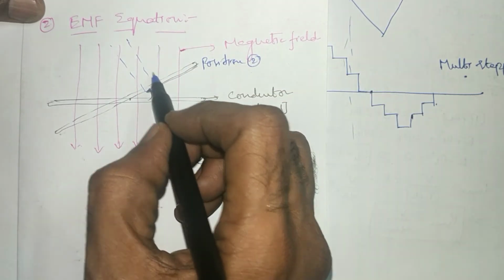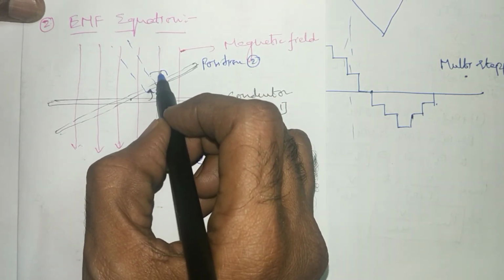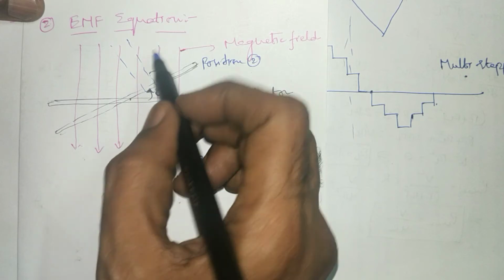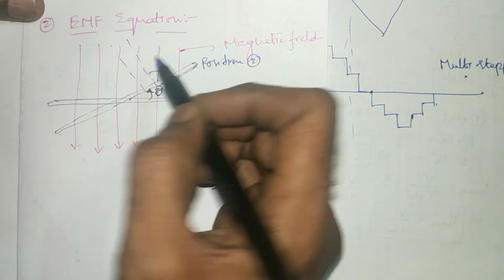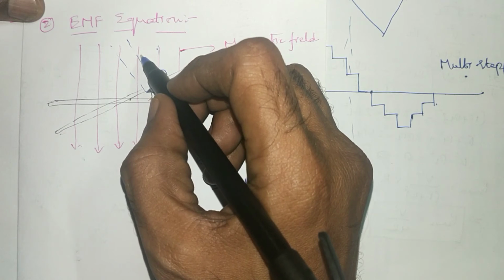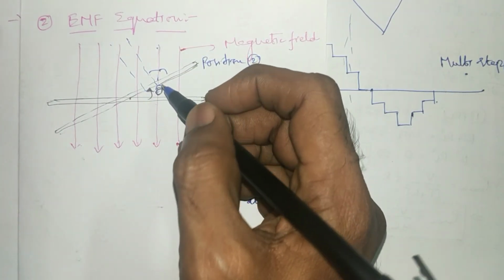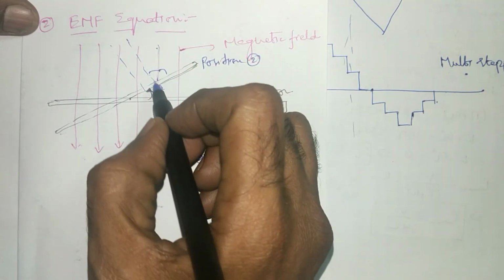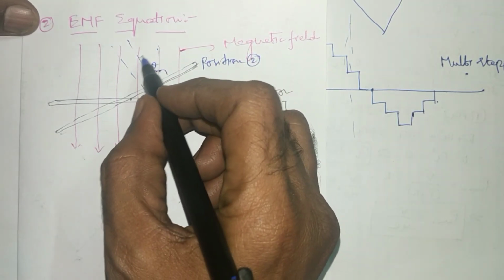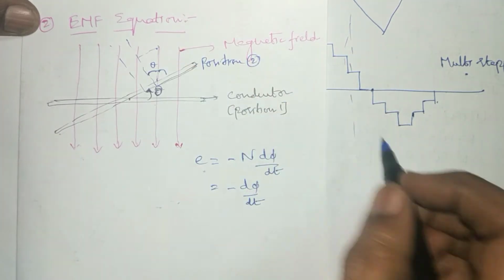If this angle is theta, obviously this angle will be 90 minus theta, and this will be equal to theta, and the component of flux along this axis will be equal to phi cos theta. So if this is phi m, we are going to have phi m cos theta. So this is the angle theta. Then we are going to have this component of flux as equal to phi m cos theta.